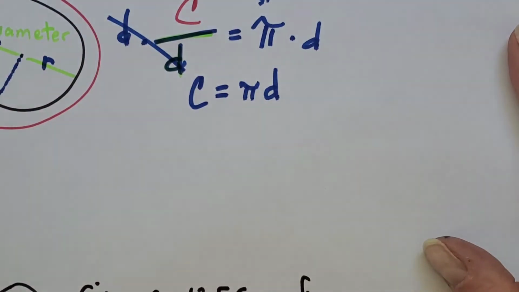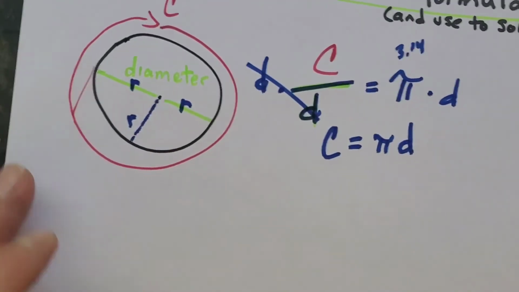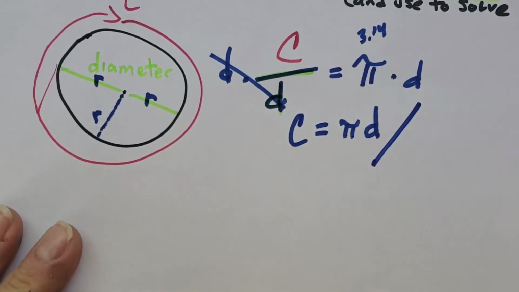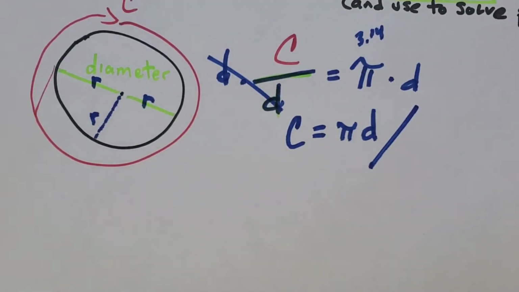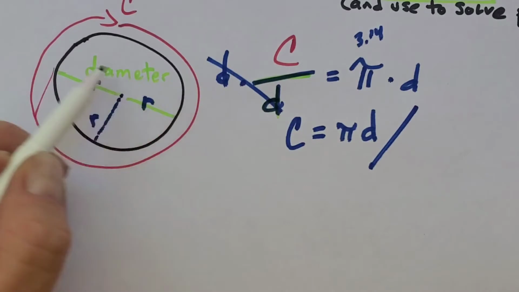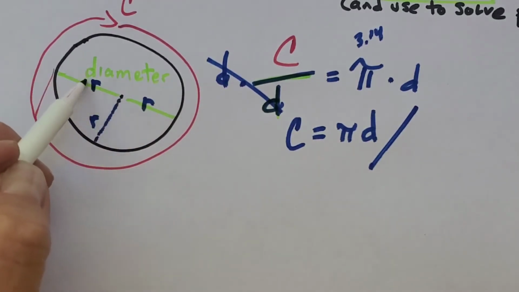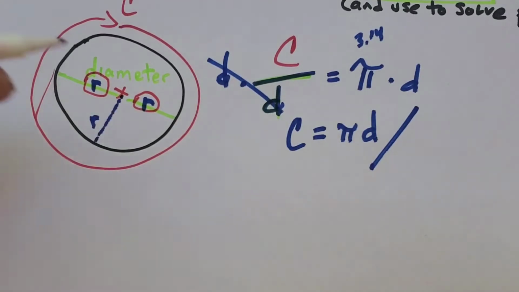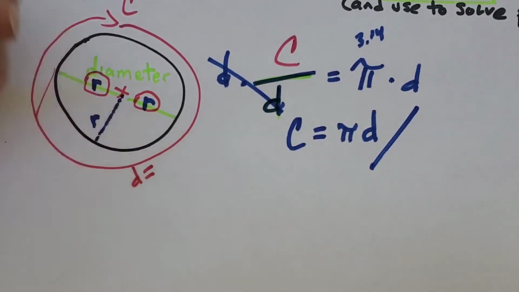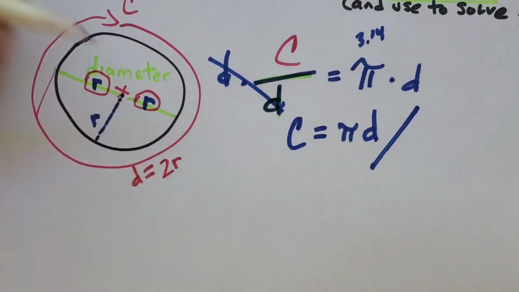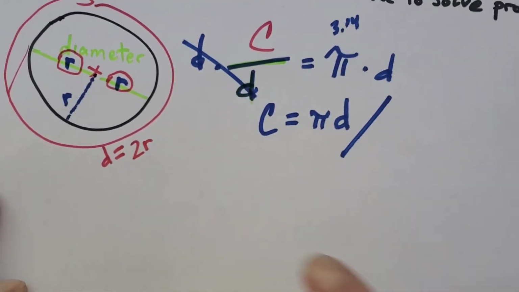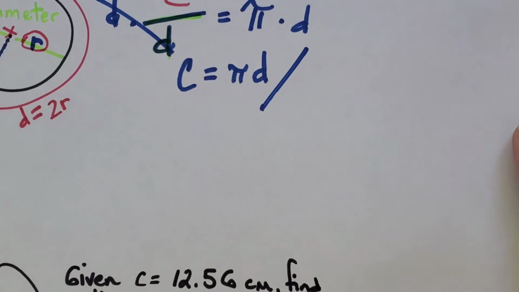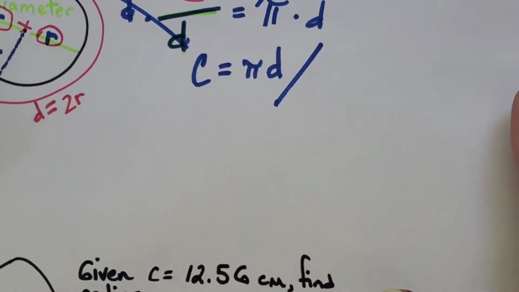If you take a look at the parts of the circle, another way to write the formula would be in terms of radius. If we look over here to this side, the diameter is equal to this radius and this radius added together. So the diameter is 2 radii. We can substitute that into this equation and write it in terms of radius.